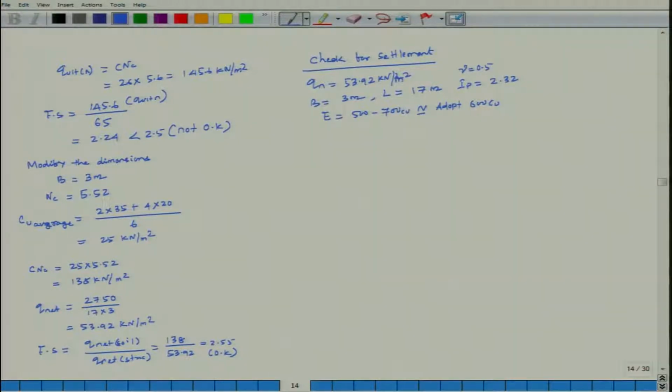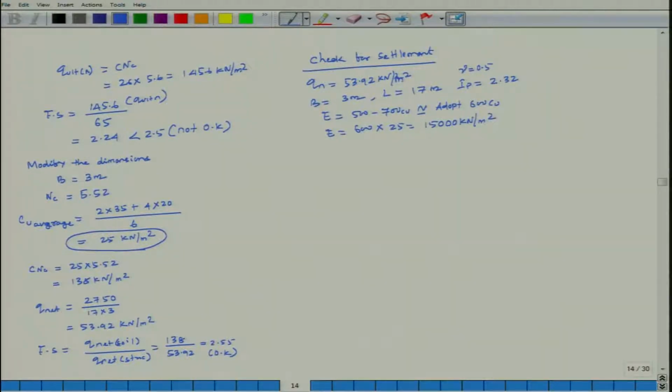So, with this, E is equal to 600 into Cu, the weighted average, this value I am taking, which is 25, which is equal to 15,000 kilonewton per meter square.